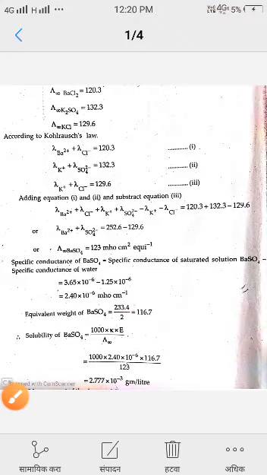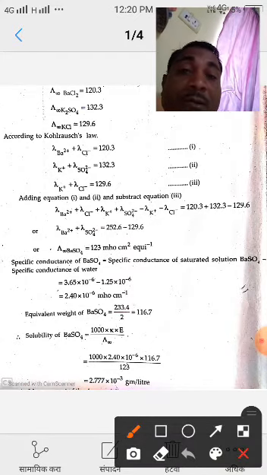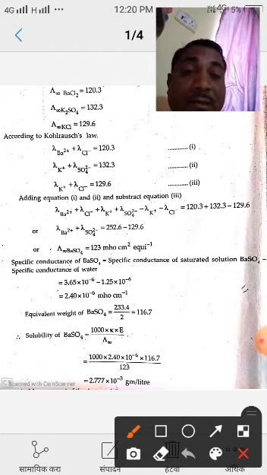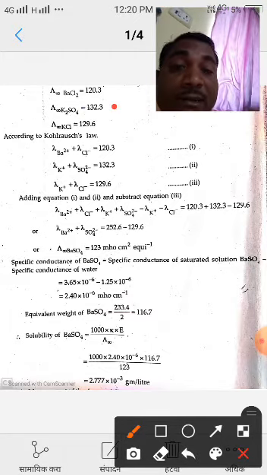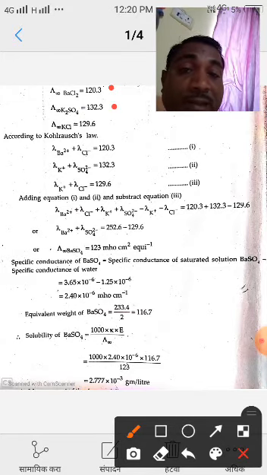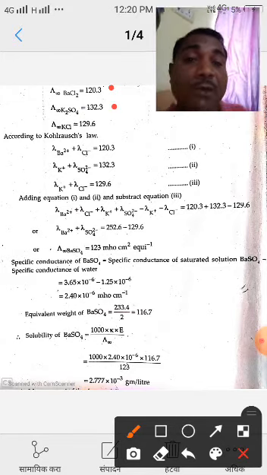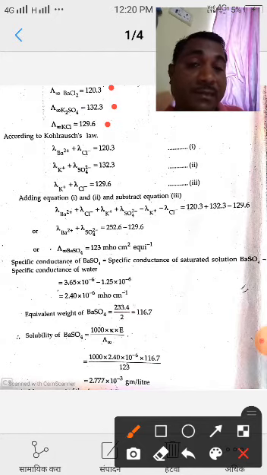Now in that example, the equivalent conductivity of BaCl2 is equal to 120.3. Equivalent conductivity of K2SO4 is also given, 132.3, and equivalent conductivity of KCl is also given, which is equal to 129.6.